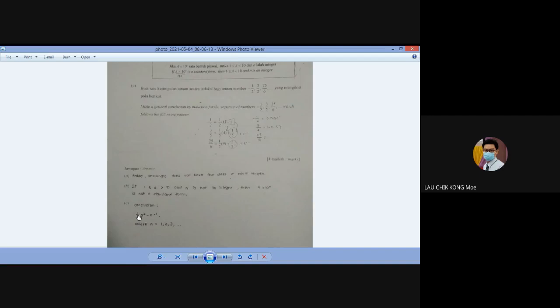Dia tidak salah. So 1/2 n squared minus n power of -1 or 1/n, where n equals to 1, 2, 3, dot dot dot.